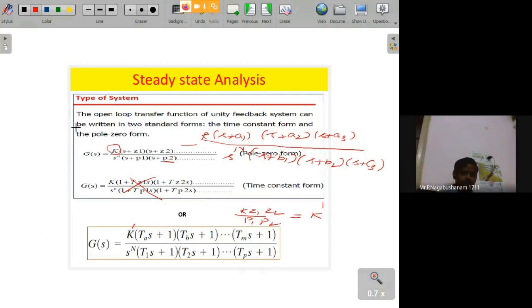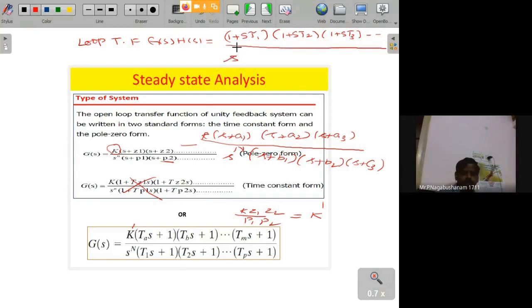Otherwise, if you take any textbook, they will give the loop transfer function G(s)H(s) in general notation as (1 plus s tau 1)(1 plus s tau 2)(1 plus s tau 3) in the numerator, over s power n, where n is the type number, into (1 plus s tau a)(1 plus s tau b) and so on.